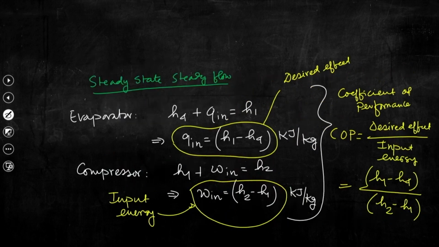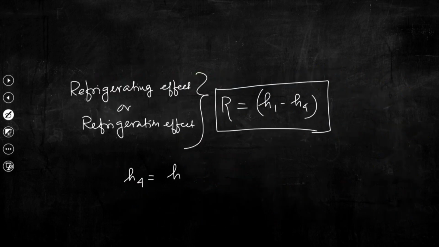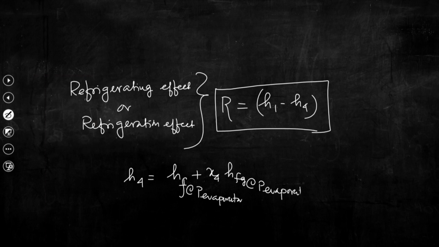So, we can write this equal to HF at P evaporator plus X4 HFG at P evaporator.